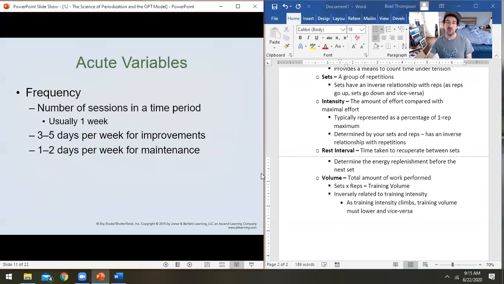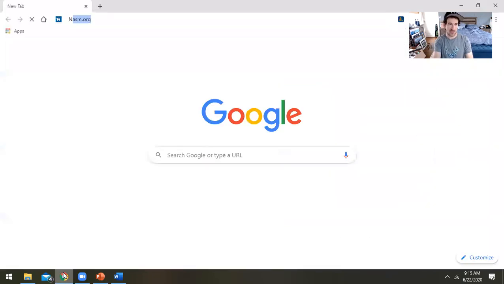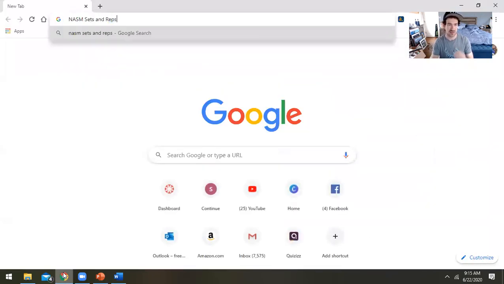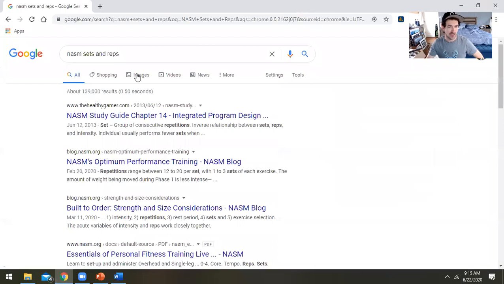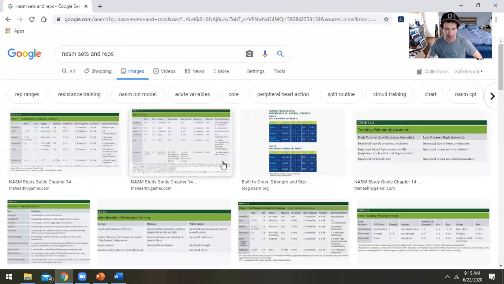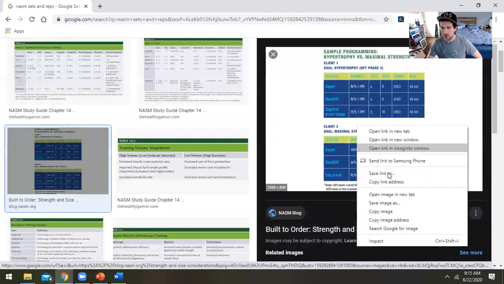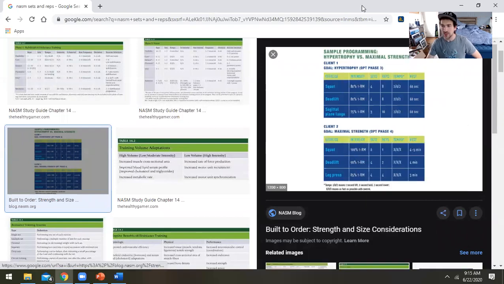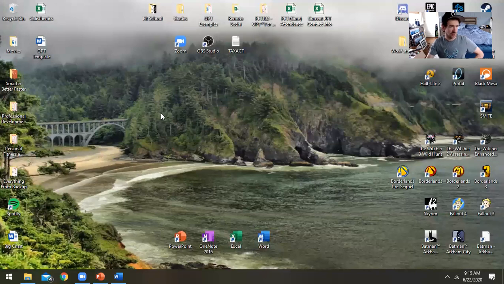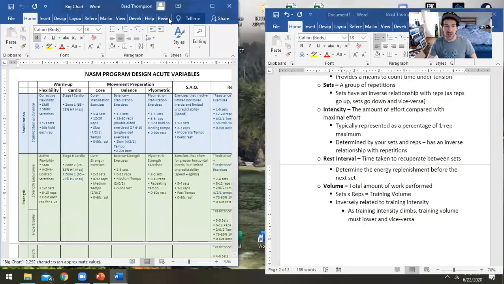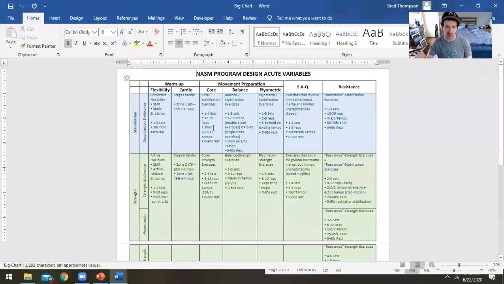Let's look at a couple different examples here. Like let's look at NASM sets and reps. Can I get this on one chart? What am I doing? I guess I could just pull up the big chart real quick. In fact, I will close that. Where's the big chart? There it is. All right, let's take a look at the big chart here.